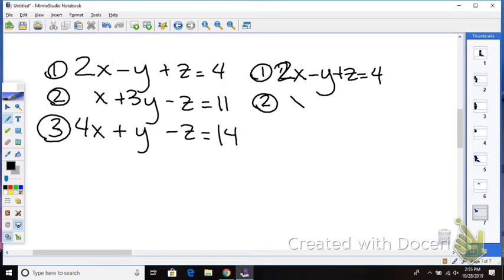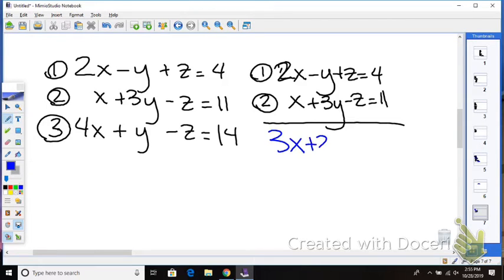And then equation 2 is x plus 3y minus z equals 11. Do I have to do any work to eliminate z? Nope. So I can just go ahead and combine this together. And when I combine together, my x's become 3x plus 2y, the z's fall out, equals 15. And I'm going to name this number 4.